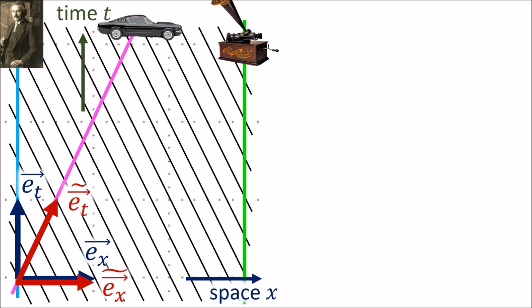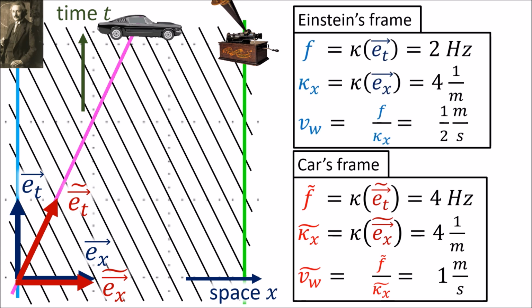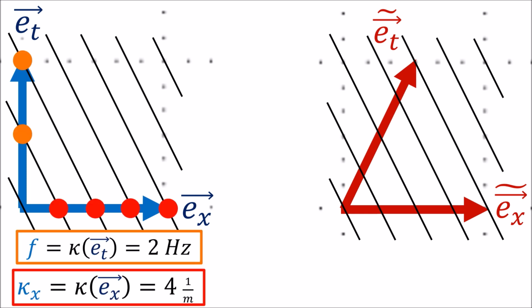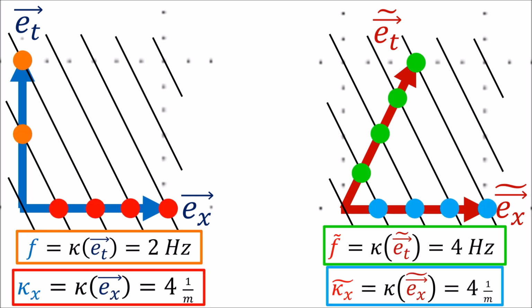So we've seen that the wave's frequency and speed change depending on the observer. Since the car is running towards the wave's source, the wave appears to have a larger frequency and a larger speed, according to the car. We worked this out by drawing pictures and counting the number of covector stacks pierced by a spacetime basis.